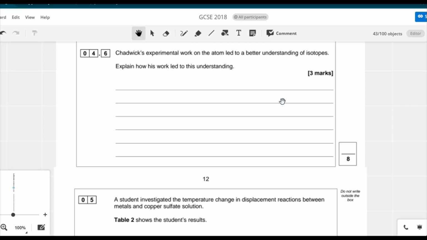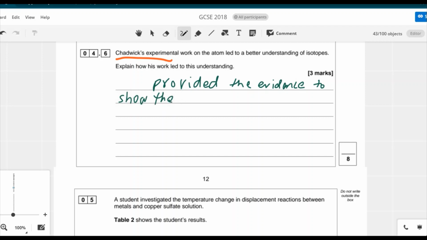First of all, Chadwick's experiment provided the evidence to show the existence of neutrons.